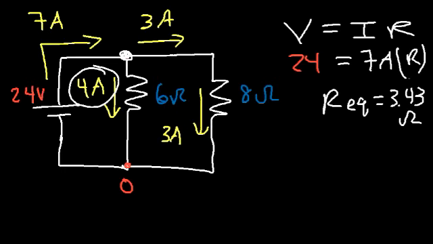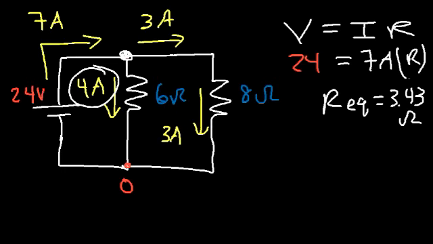For the last one, let's use V squared over R. What is 24 squared divided by 8? In this case, let's divide first. 24 divided by 8 is 3.